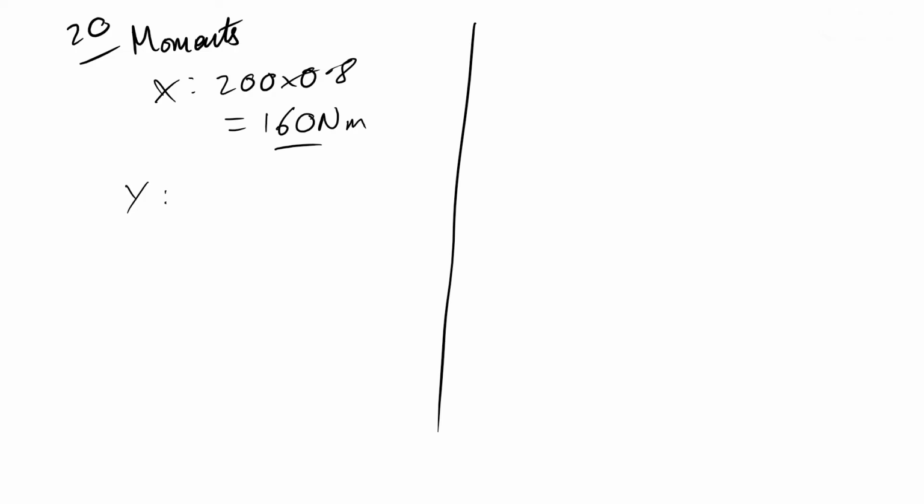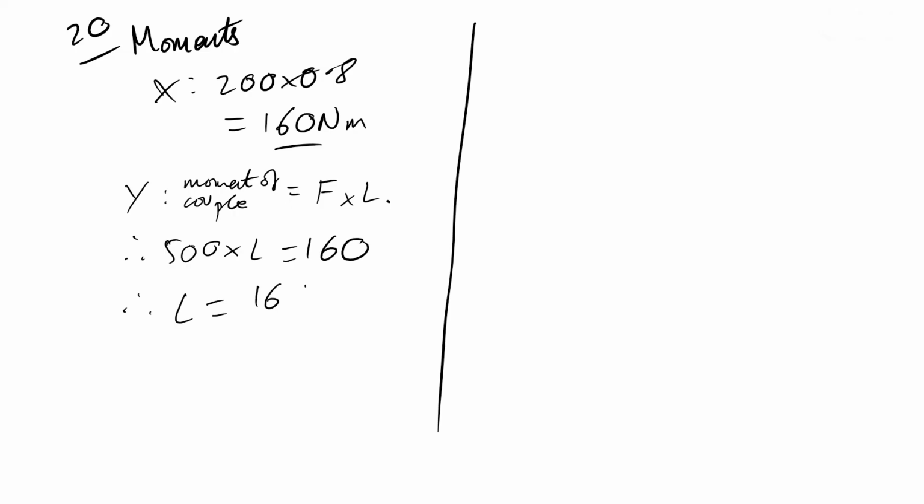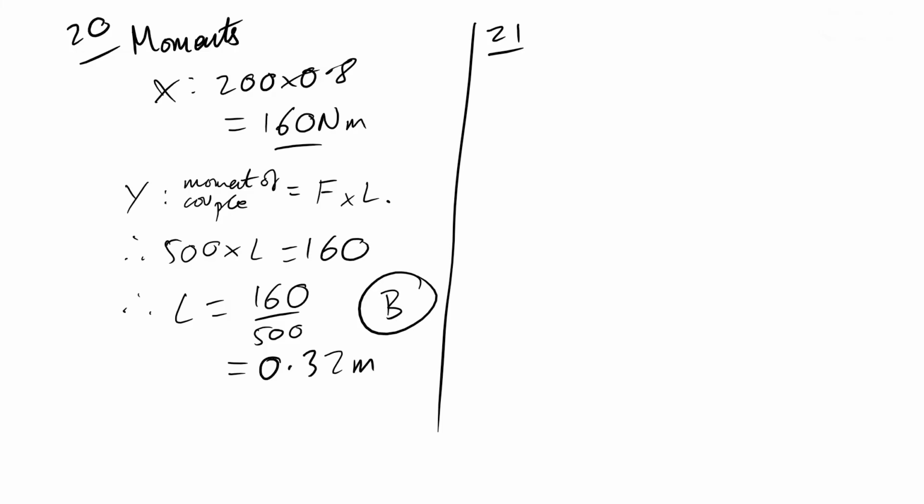The moment of a couple is equal to one of the forces times the distance in between them. Basically, it's just 2 lots of one of the moments. So 500 times L is equal to 160. Therefore, L is equal to 160 divided by 500, and that gives us 0.32 meters. So it is B.